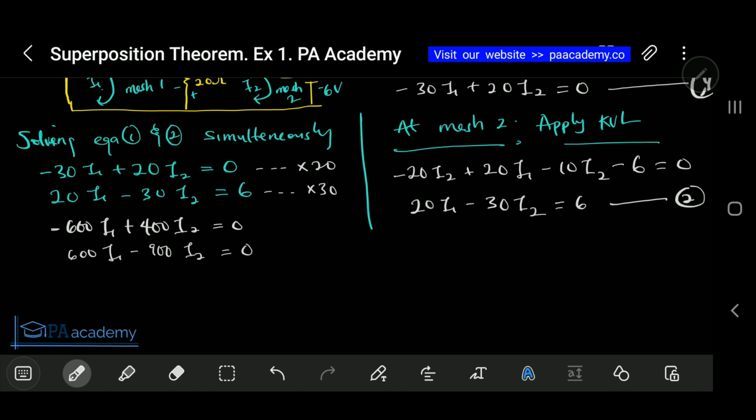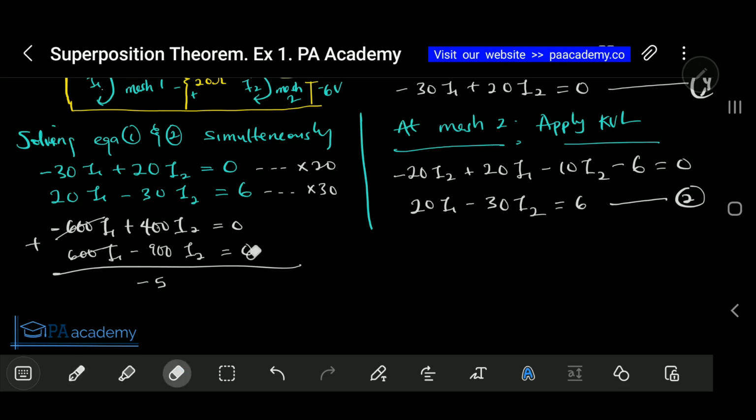I know you can use your calculator, but if you are solving this theoretically, make sure you show these workings also. So this can cancel this, and if we add this up, we are going to be having 400 minus 900, so that will give us minus 500.